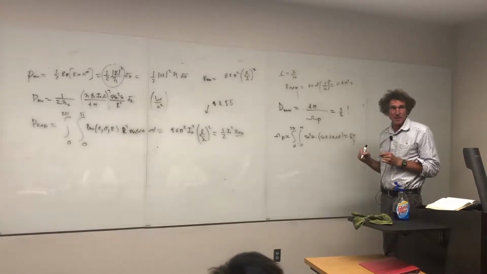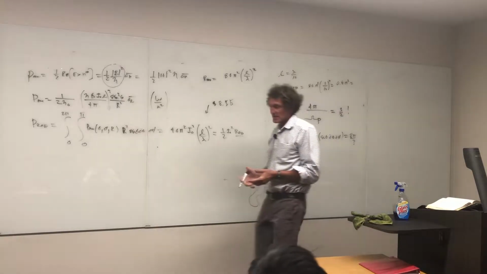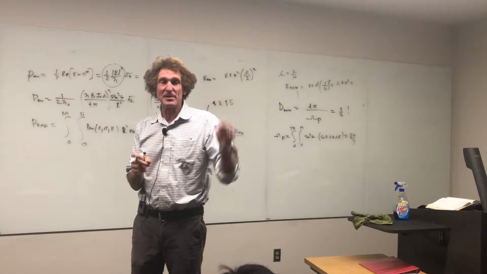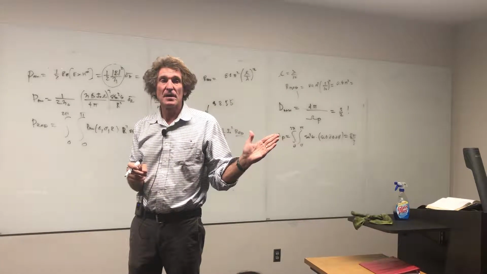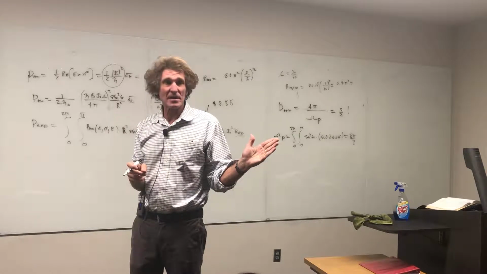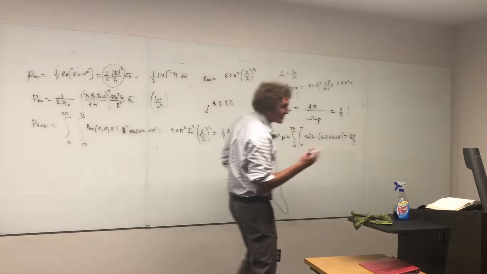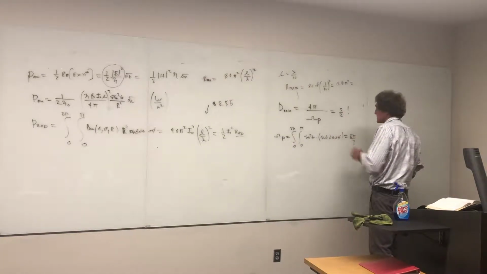Everybody with me on that? Now that just says how much better it is than an isotropic radiator for focusing power. It's just a little bit better. An isotropic radiator would have a directivity of 1. So this is 1.5. You're not buying a lot. You're not getting a lot of focusing power, but you're getting some. It's 1.5, or 3/2, is the directivity max.